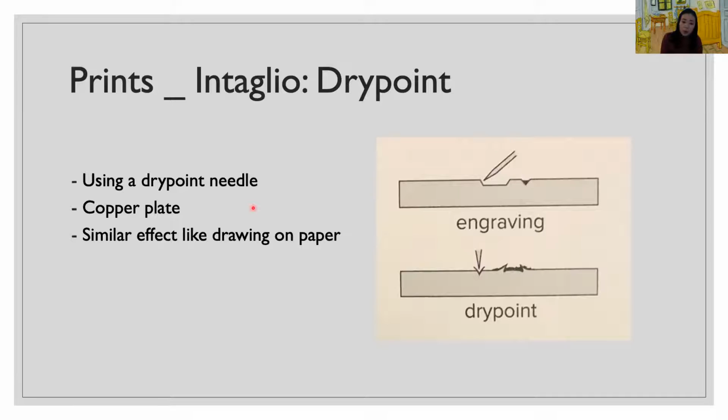And the artist draws on the plate, usually a copper plate, almost as freely as one can draw on paper with a pencil. And as the needle scratches across the plate, it raises a burr or thin ridge of metal. And if left in place, the burr will hold ink along with the incised line, producing a soft, slightly blurred line when printed. So let me show you a video.